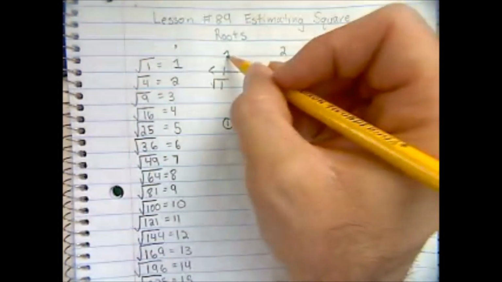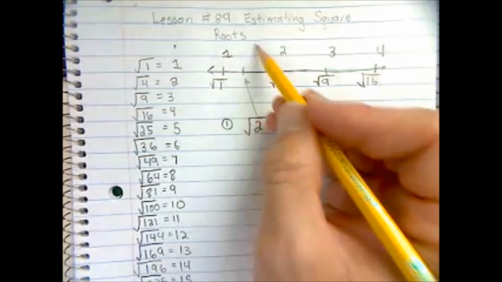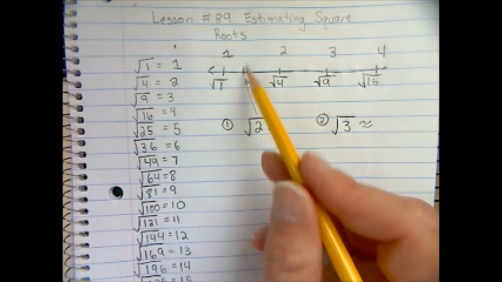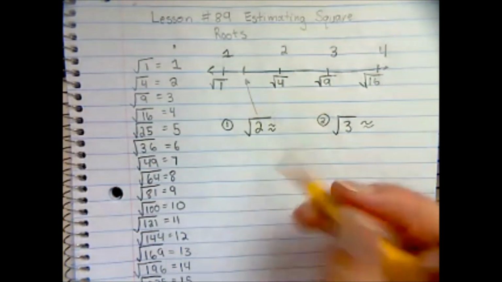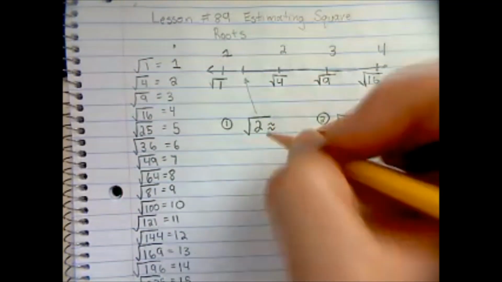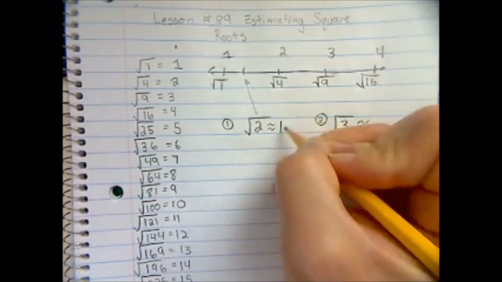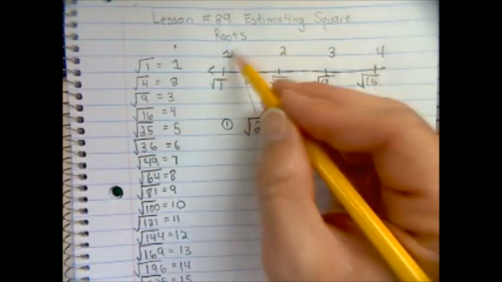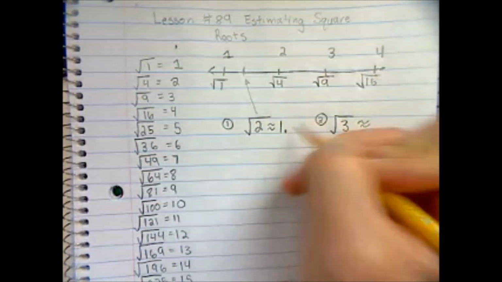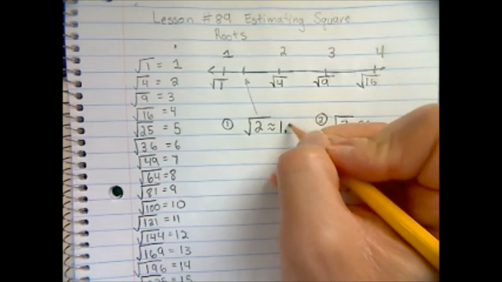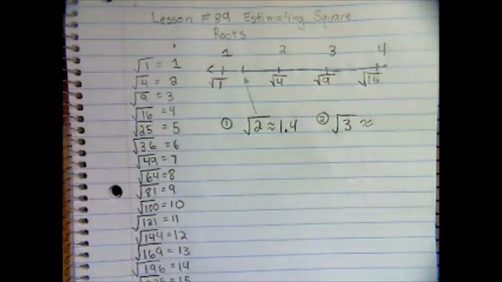I've given the bottom number, the radical, and I'm going to try to find the whole number, or the decimal number. And so square root of 2, let's say it's going to be in between 1 and 2. And a decimal, let's say around 4. That's my estimate.